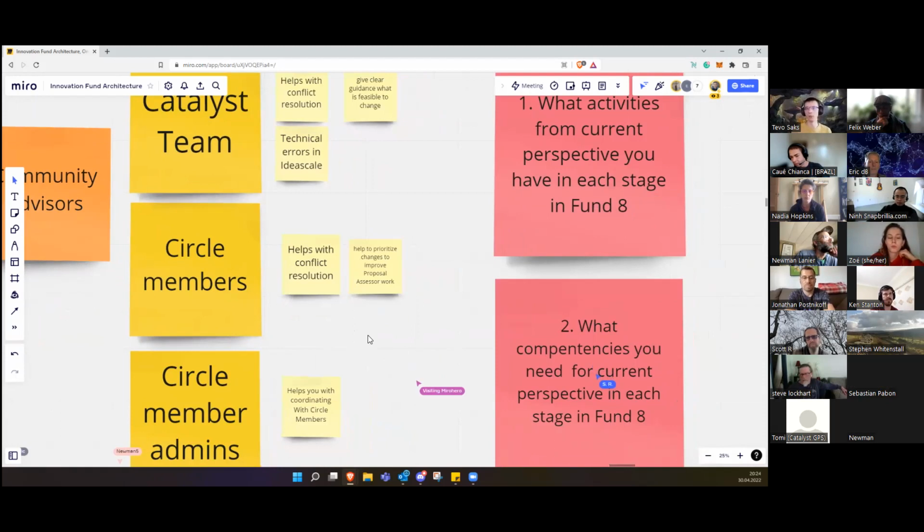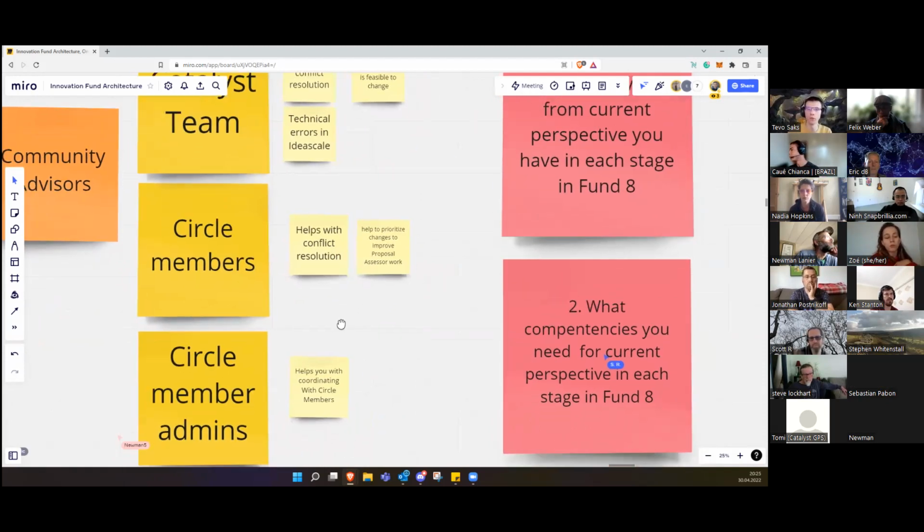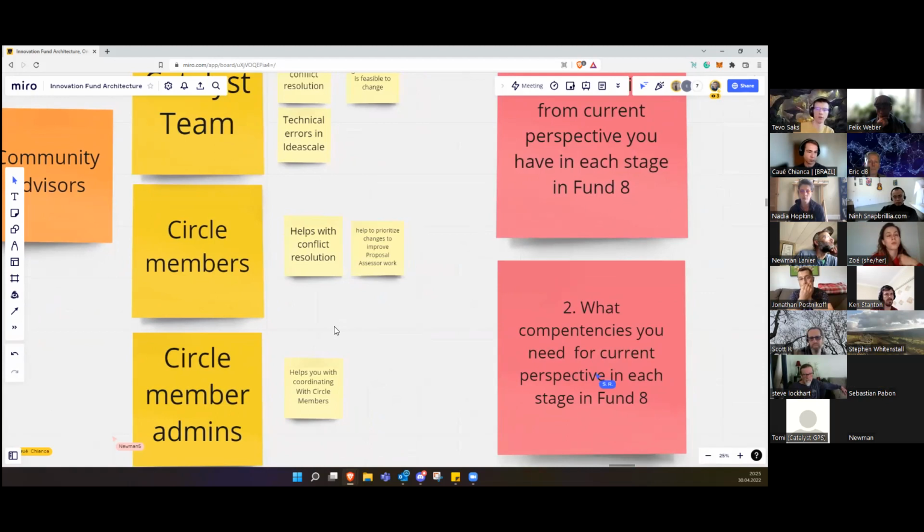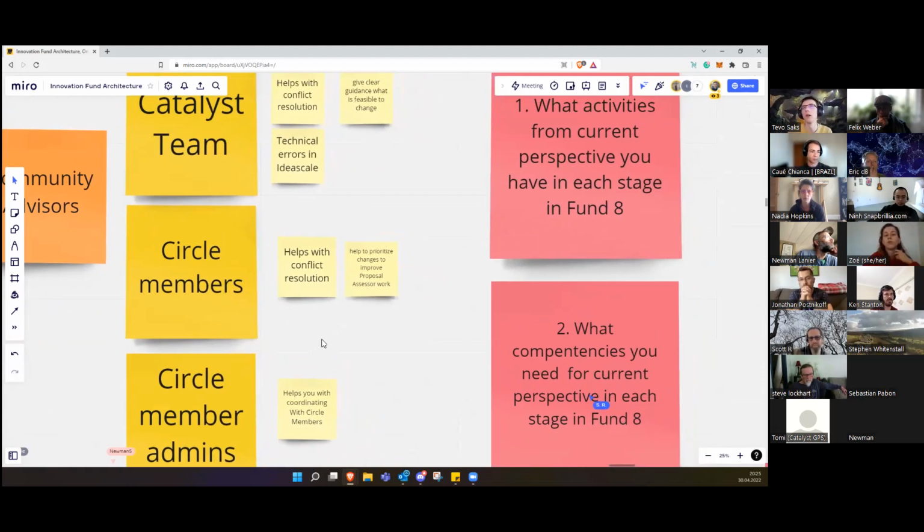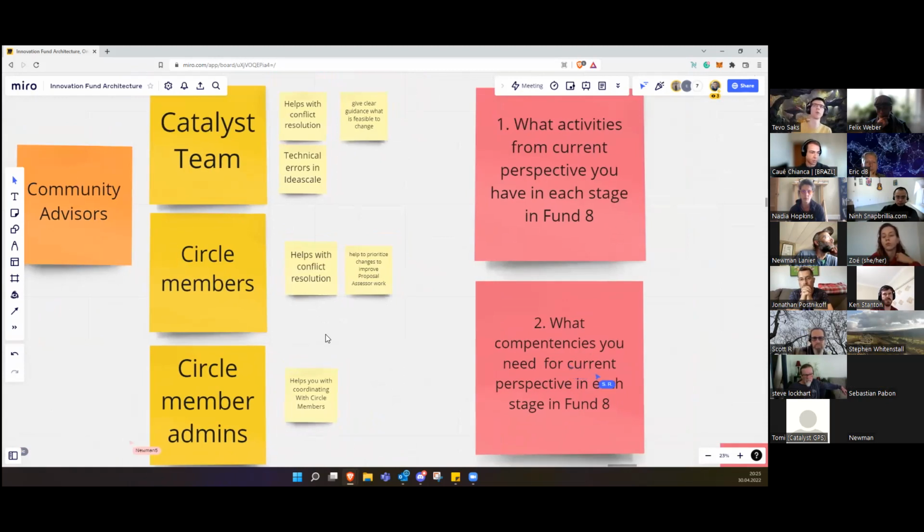So a CA representative could take these issues in, bring them to the circle, and then perhaps some consensus could be found there to improve something in Idea Scale or somewhere else. Any other ideas where circle members could help proposal assessors or where they could do something together?